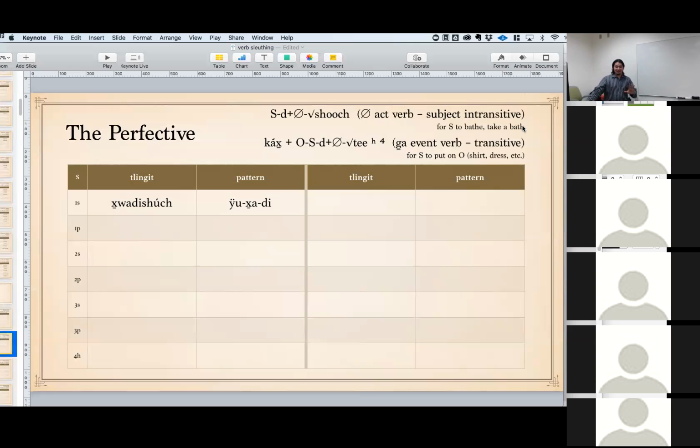Before we go to the next one, yes, because this is all just like scrambling my brains. When you say that the O, or the 0, I'm sorry, makes it short and high, that's why SHOOCH becomes SH high toned U, CH.